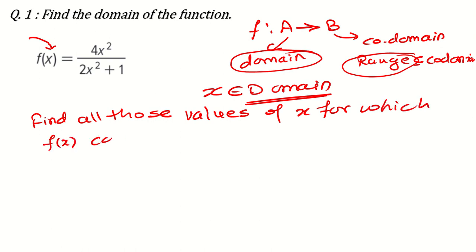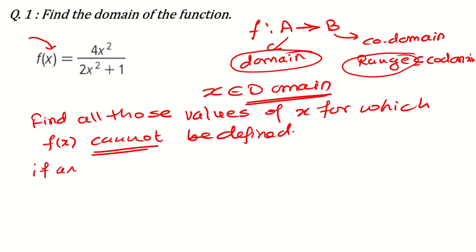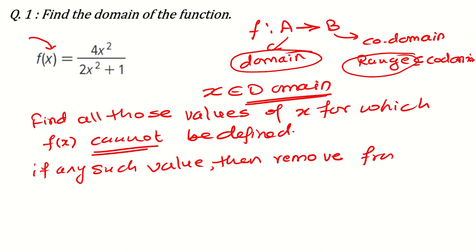If you can find any such value of x, then remove this value from the set capital R, the set of real numbers, because we are talking about real valued functions.